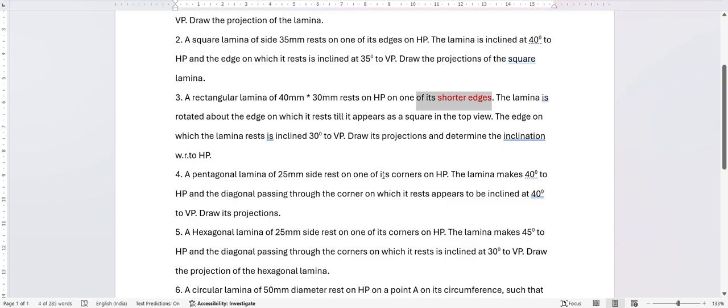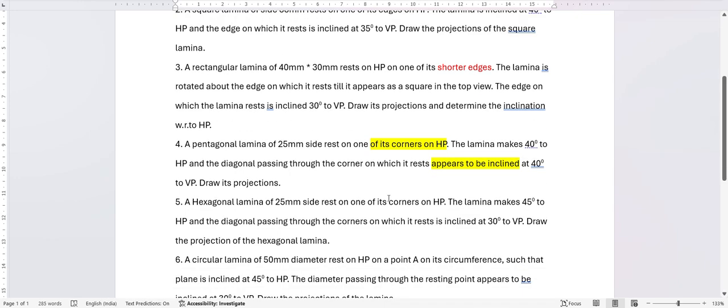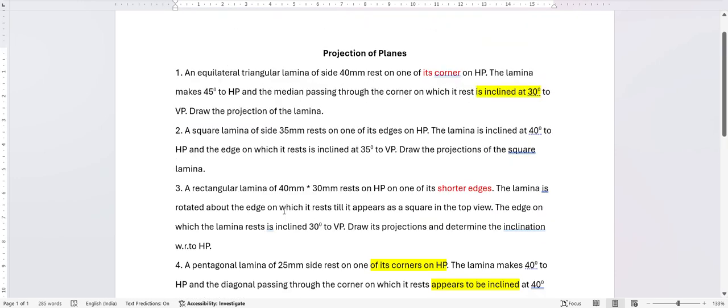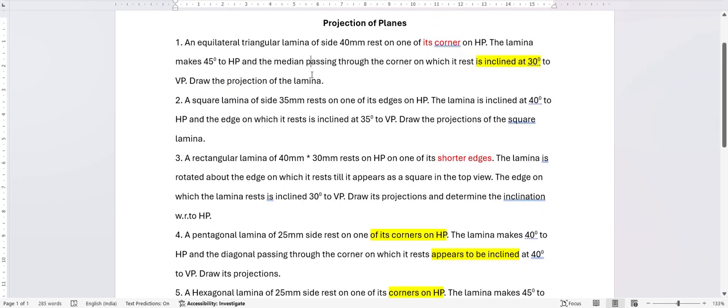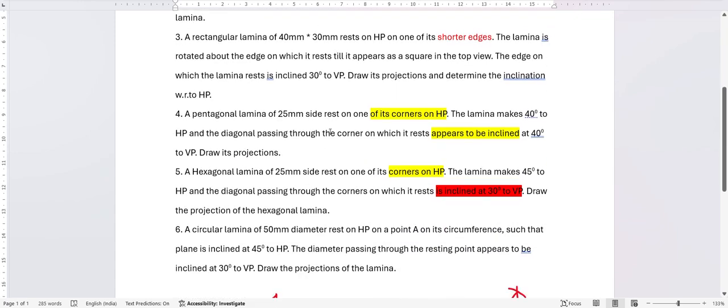So this is a corner condition, but it appears to be inclined, so still it is not a beta angle problem, and this is corner and it is inclined, so this is nothing but a beta angle problem. So there are only two beta angle problems, that is question number 1 and question number 5.